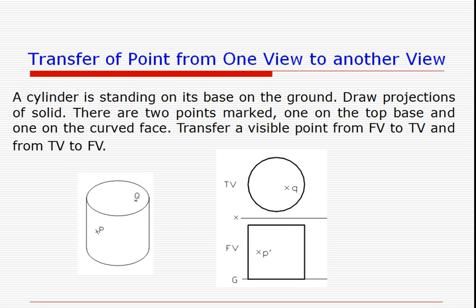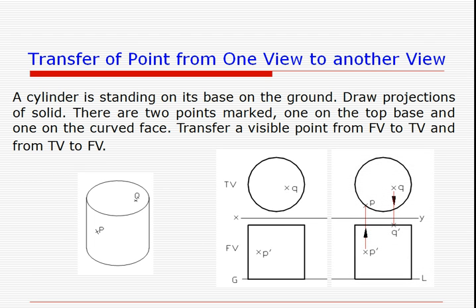How to get that? Here again we draw the vertical line upwards, and wherever it meets the circular portion, that will give us the point in the top view. In a similar way, for Q again we draw the vertical and we get the Q dash.